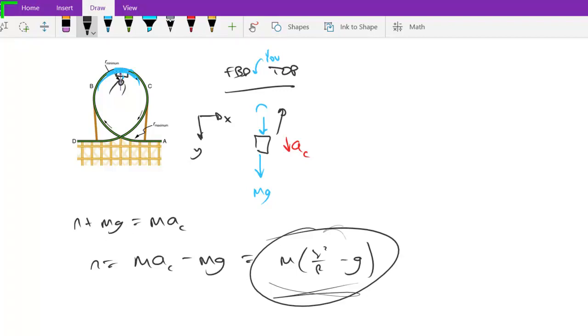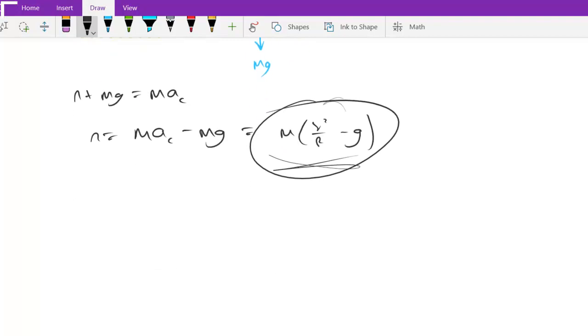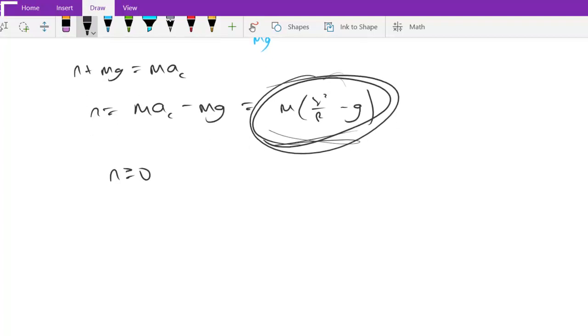That's what we must have. I need to ensure there's something pushing down there to keep it going in a circle. So if the normal force is greater than or equal to 0, and the normal force is this, that means that m times v squared over r minus g must be greater than or equal to 0.